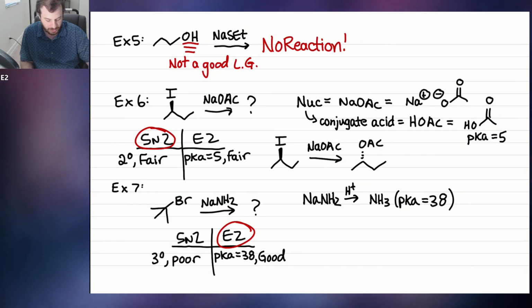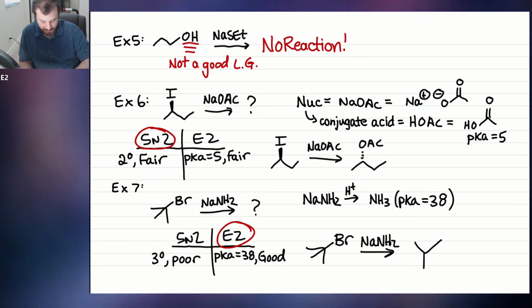So we'll just draw a double bond between alpha and beta as our product. So Br, NaNH2. And so then our product will be looking like this, right? Because remember, this is alpha and this is beta. There's actually 3 betas, but I'll just pick one of the betas at random and put a double bond in between alpha and beta, and then the other 2 carbons stay the same. That's our E2 product.